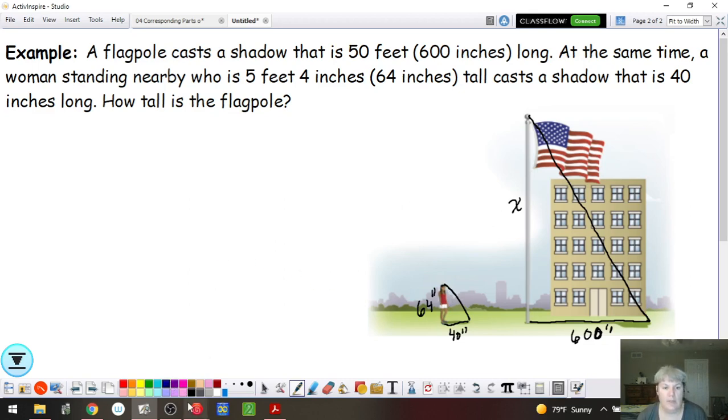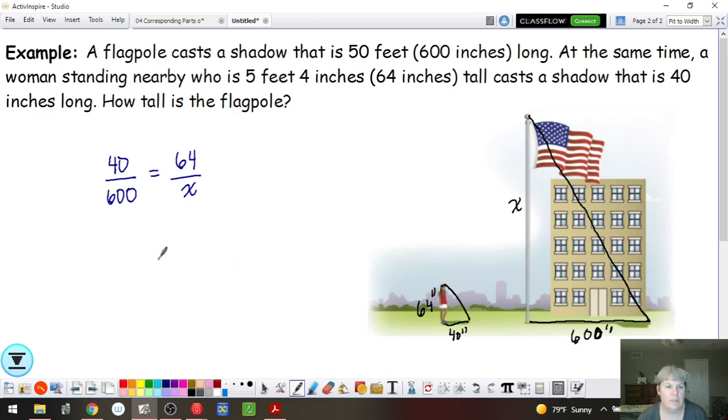So we can set up a proportion. 40 over 600 would equal 64 over x. So notice my values in my numerator both come from my person, the height and length of the shadow of the person, and the numbers in my denominator are the corresponding values with the flagpole.